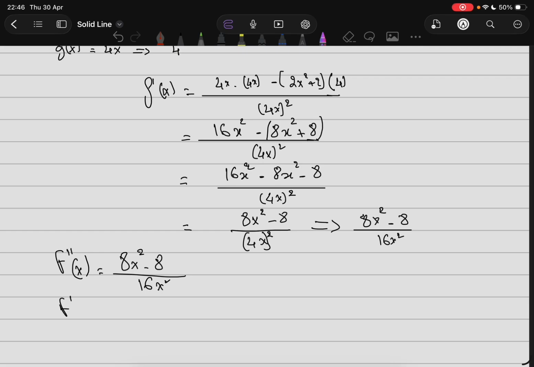So we're going to take the derivative of the 8x squared minus 8. It's going to be 16x. And then g of x equals 16x squared.